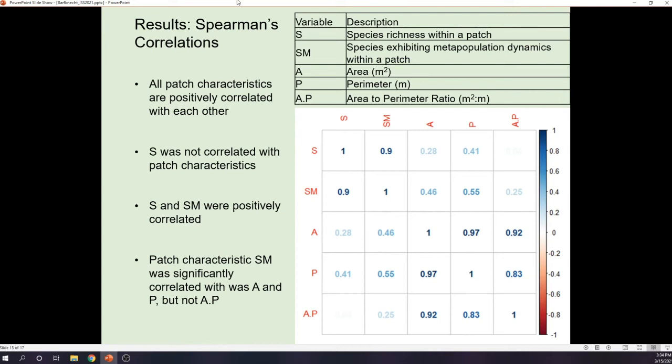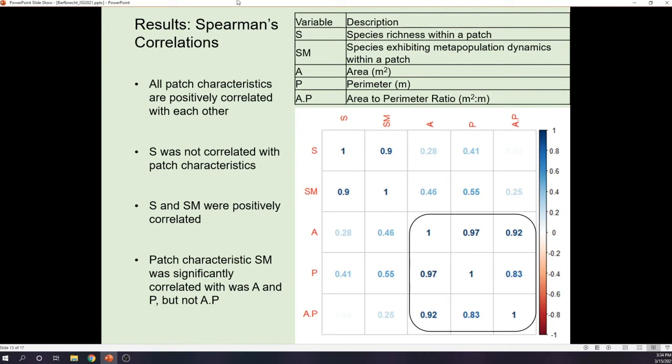The total area of a site, the perimeter, and then again the patch shapeliness, which is area to perimeter ratio. So there's a few things to notice here, and I think that this one doesn't come as a surprise to many people, is that the patch characteristics are all positively correlated with each other.